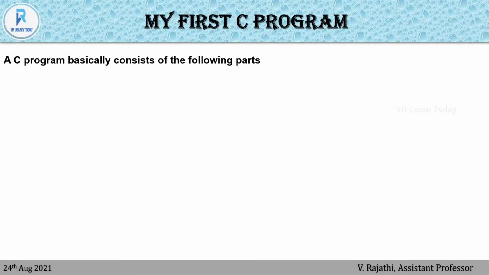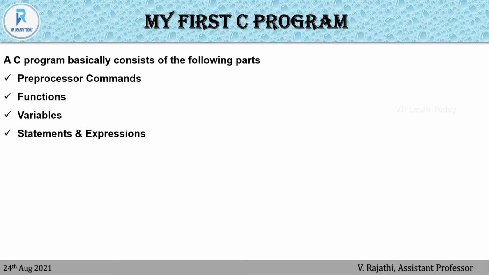If you are writing a C program, it consists of the following parts: first, preprocessor commands, functions and variables, statements and expressions, and finally comments. For better understanding, let's see one example.